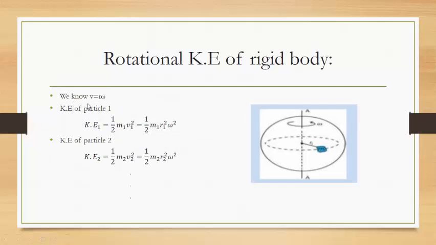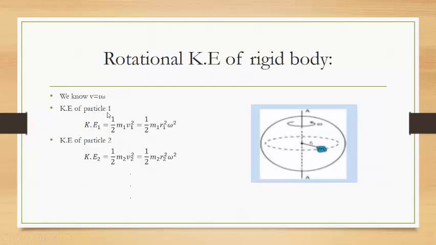We know tangential velocity is equal to r omega, where r represents the radius of the circular path or circle in which the body is rotating, and omega is angular velocity. So the relation between angular velocity and tangential velocity is v is equal to r omega.